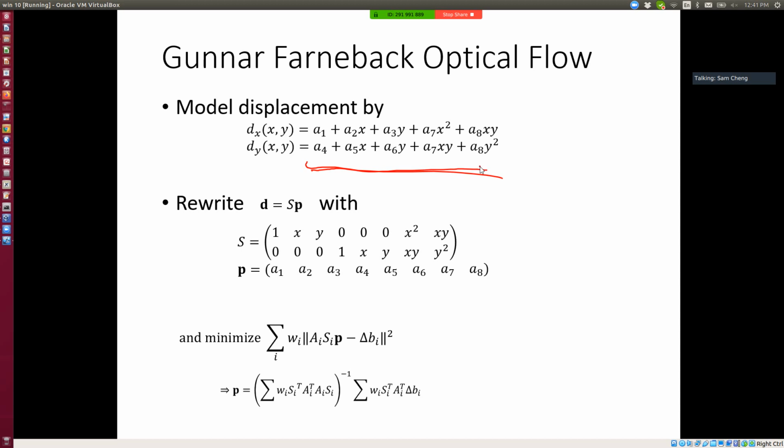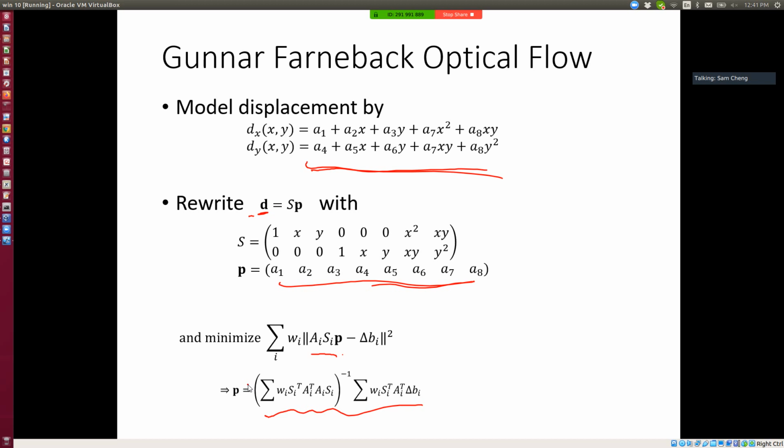So if you do that, then your D is now parameterized by this P, with this S. So basically D can be written as SP here. Then the formulation will change a little bit. Again, if you substitute D with SP, you get something like that. Now instead of trying to solve for D, you solve for P instead. So therefore you can solve a function like that. Once you solve P, of course you can get back D.